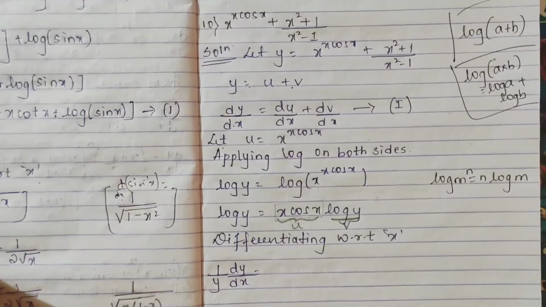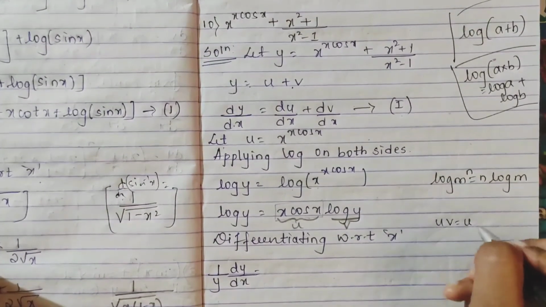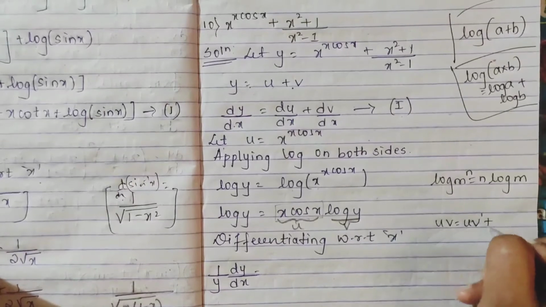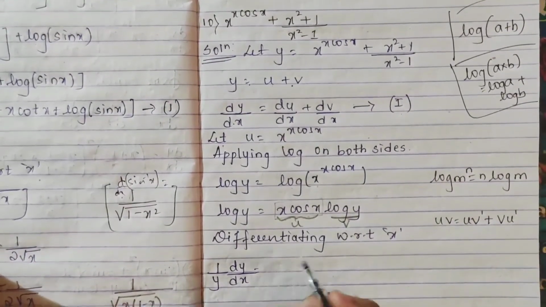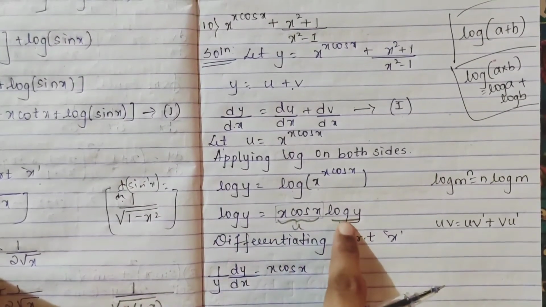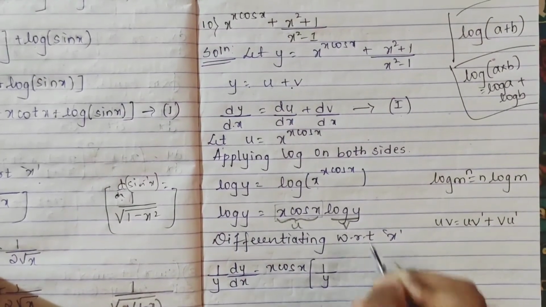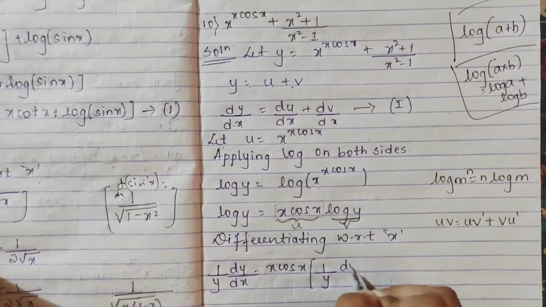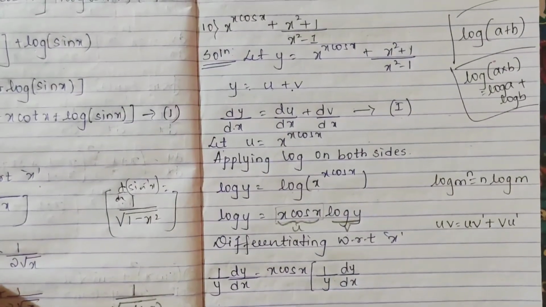In our uv product rule, how we do? uv differentiating: keeping your u as it is, differentiating your v, plus keeping your v as it is, differentiating your u. So first keep your u as it is. My u is what? X cos x, differentiating your v.